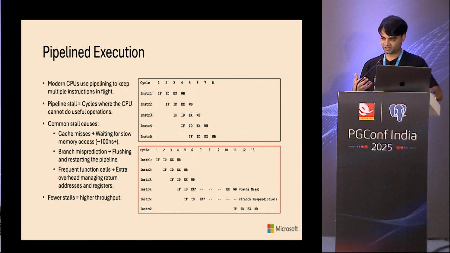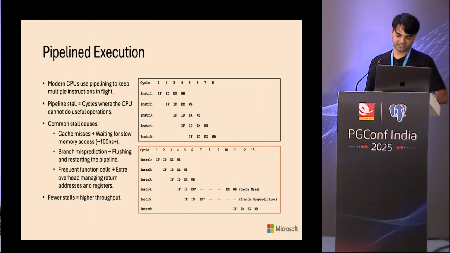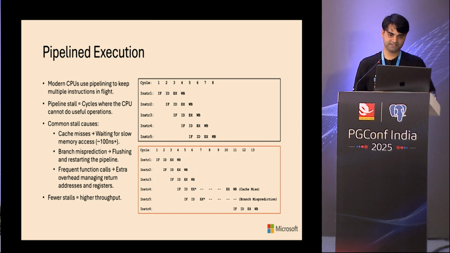It has to fetch new instructions to replace the old ones that were prefetched, and you are essentially wasting cycles. The CPU is doing nothing. None of its execution units are working on anything useful.